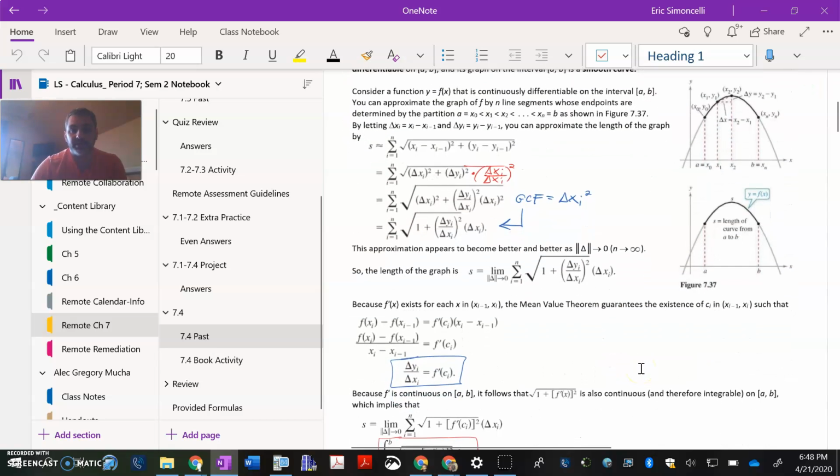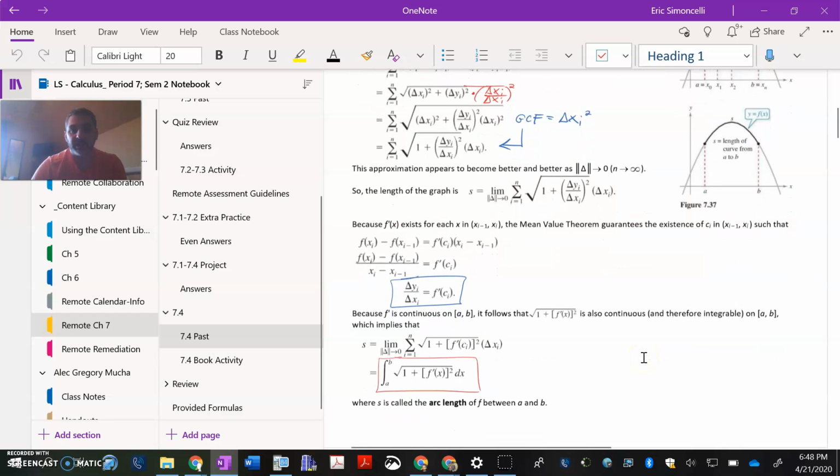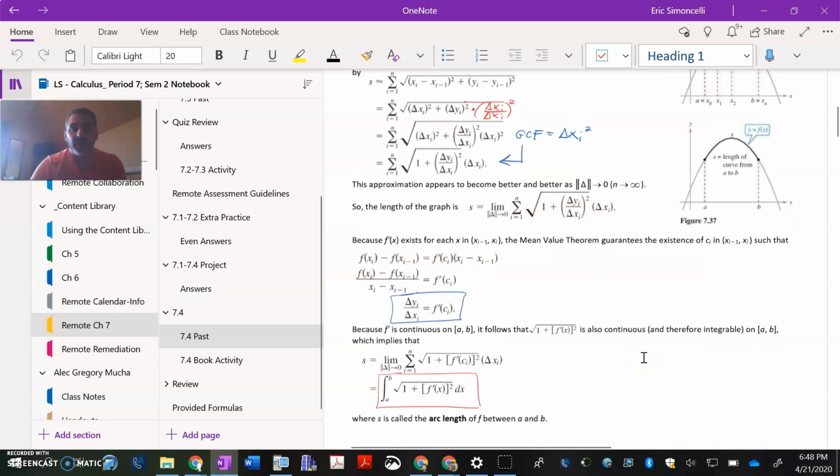Okay, so I'm going to go ahead and scroll down just a bit more here to highlight more specifically what you'll be asked to utilize. If you continue on, yes, there is, as I noted before, the slope version of things, delta y sub i over delta x sub i, and that is equal to the slope or the derivative at c sub i, so f prime of c sub i. It actually nicely can be derived then from the mean value theorem, technically.